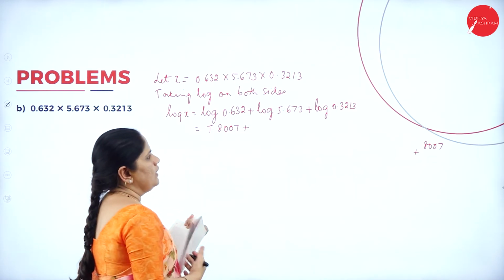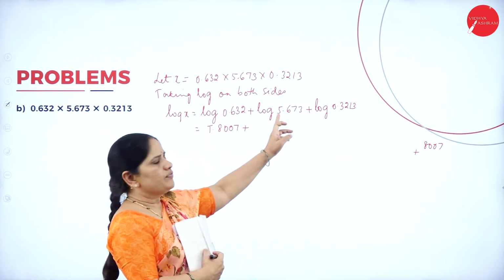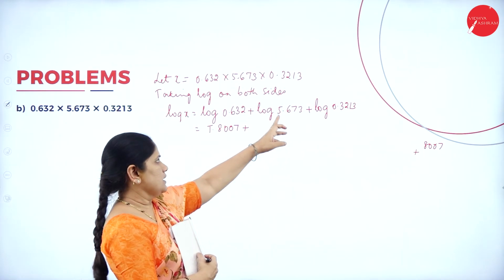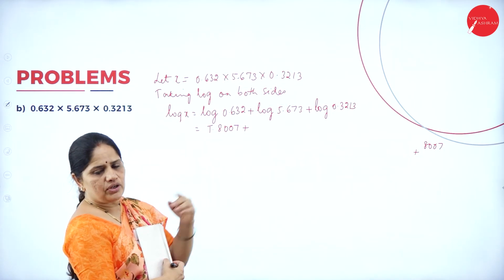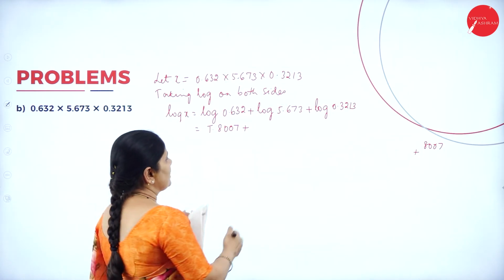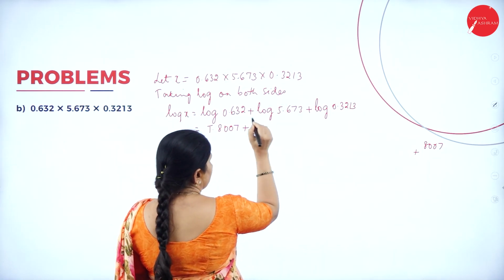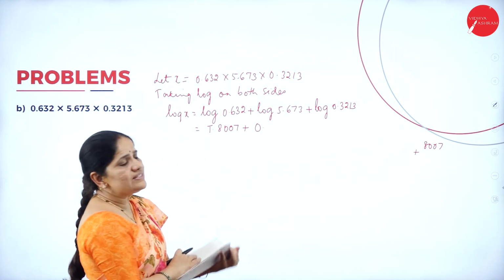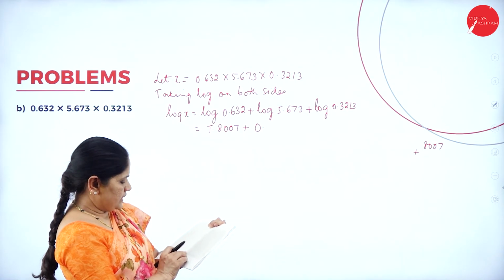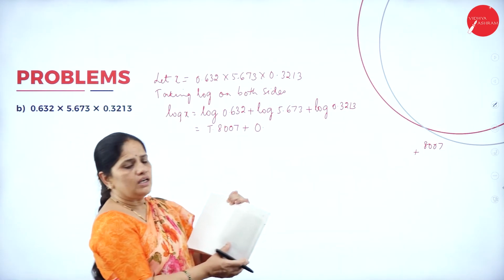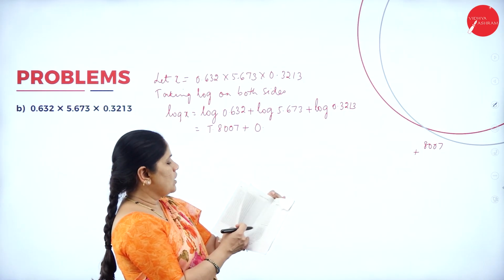Now the log value of 5.673. There is only one number to the left of the decimal point, so 1 minus 1 is 0. I will write 0.5673. I will just see here the log values in this log table.